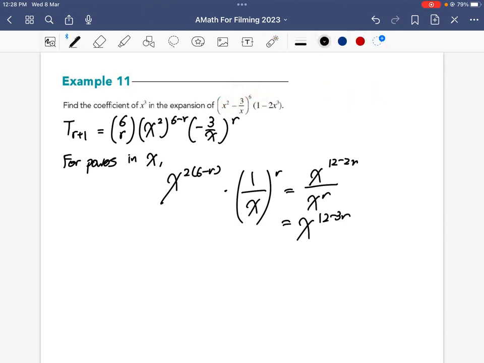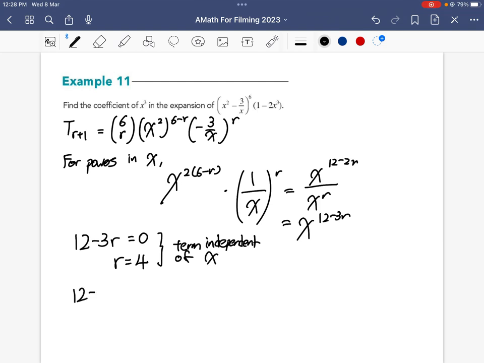Let me find the term that's x to the power of 0 first. For x to the power of 0, 12 minus 3r is equal to 0. If I solve this, my r value is equal to 4. That is one term, which gives me the term independent of x.